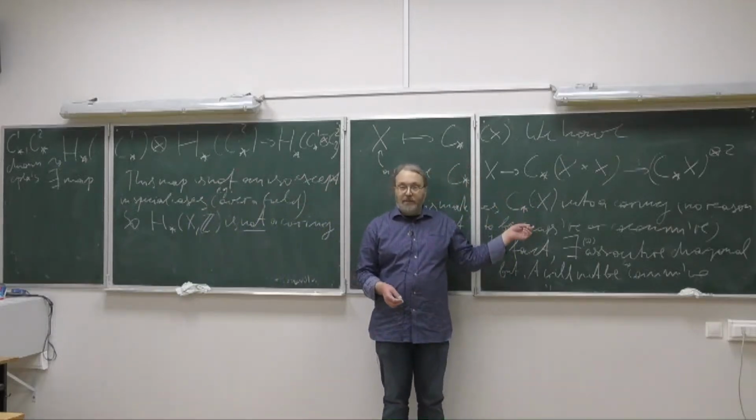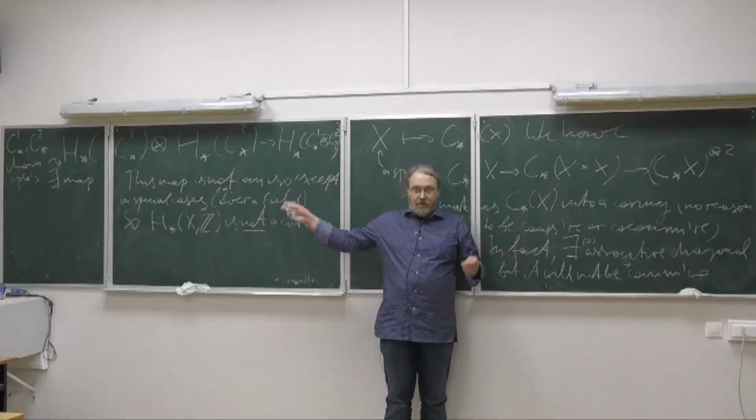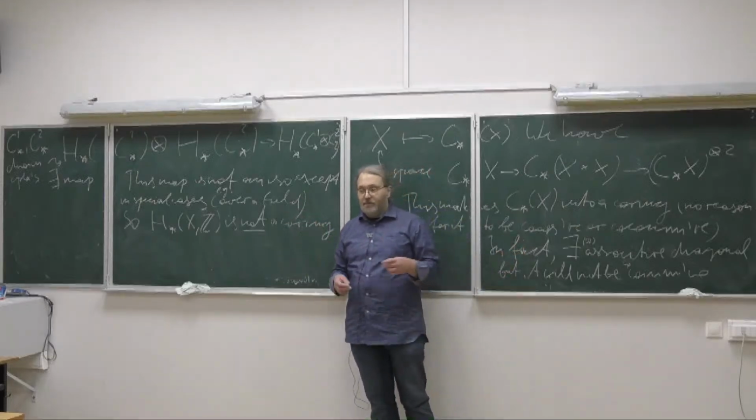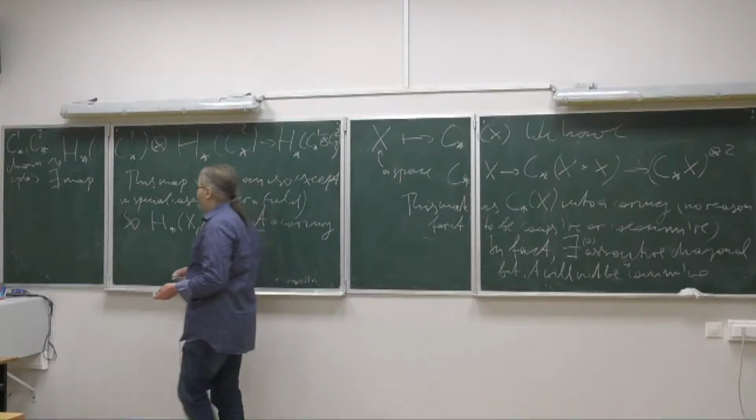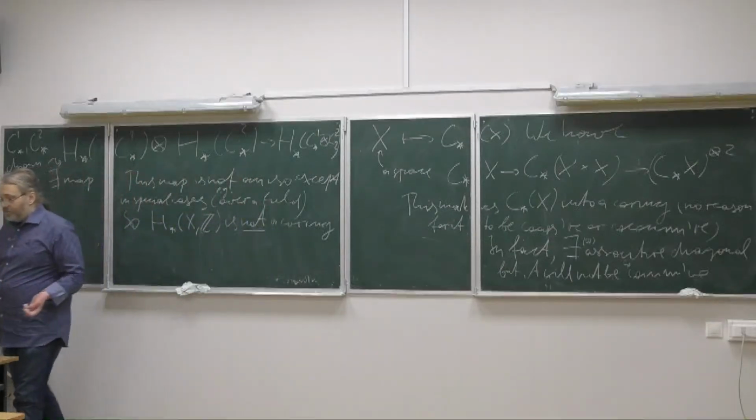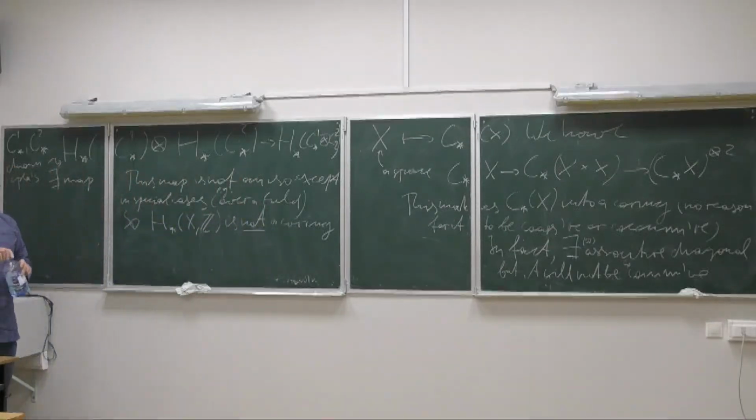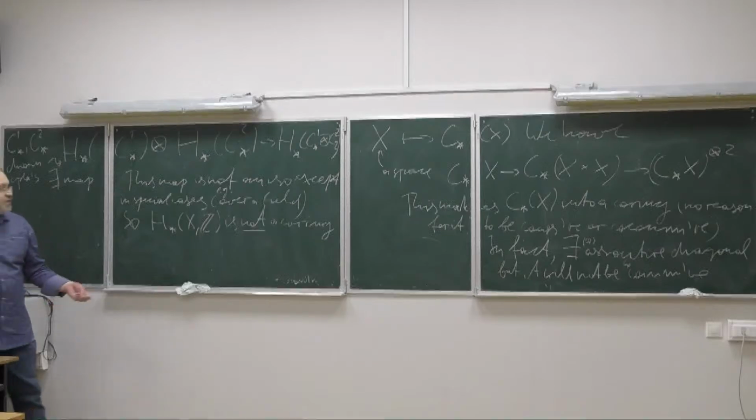The chains are a co-ring, but the homology is not. Well, let's see what happens when we try to do the same for cohomology. So this was first attempt.